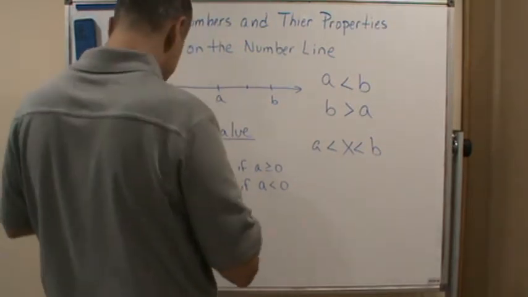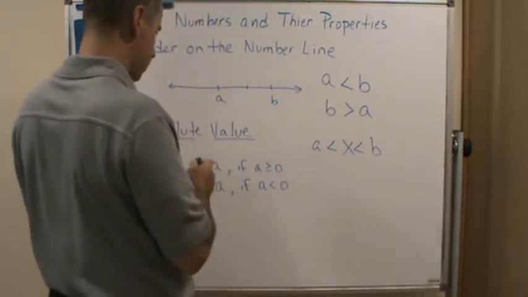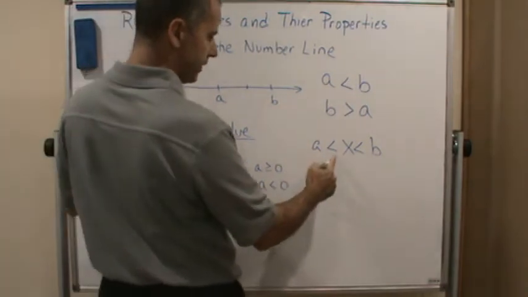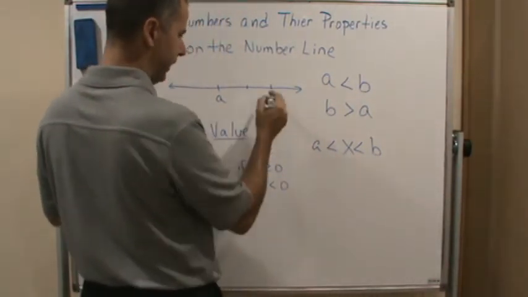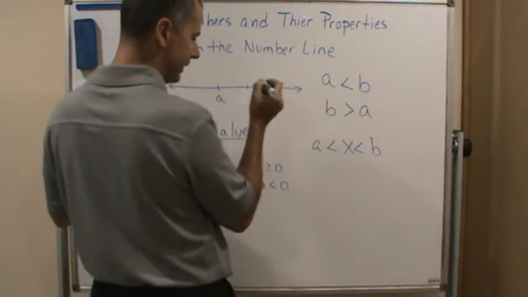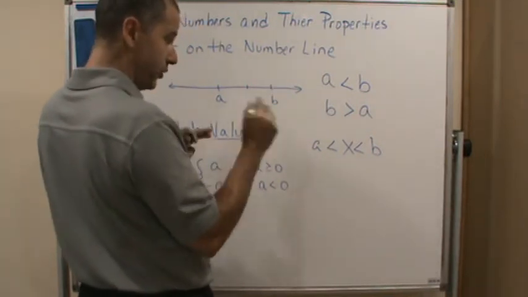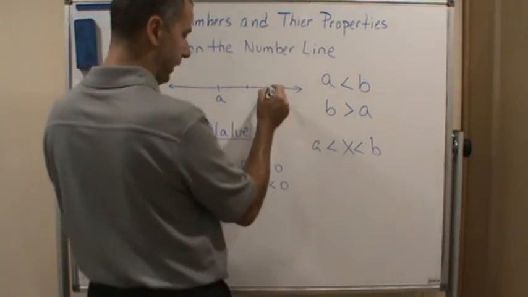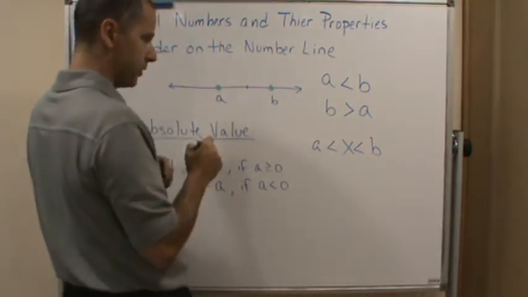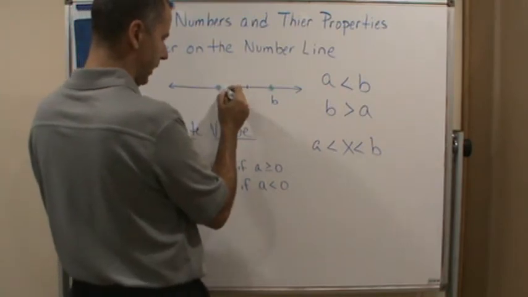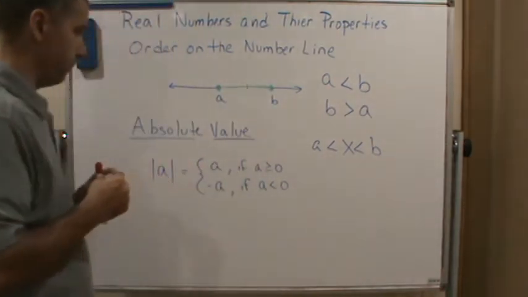This might come up later, but I might as well show you now. If it's a strict inequality and I want all values of X between A and B, meaning I don't want it to be equal to A or B, I would put an open circle here and an open circle here, and I would connect these two.